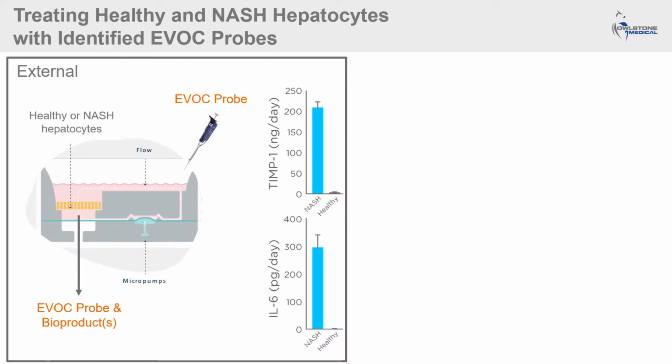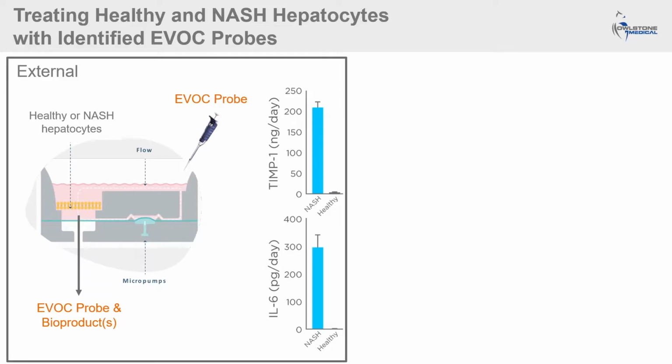So the experimental setup was as follows. Once the hepatocytes were differentiated and cultured, and they were expressing a healthy phenotype or a NASH phenotype, we added compounds we were interested in to the culture media, and then collected it at different time points to measure the substrates and bioproducts.